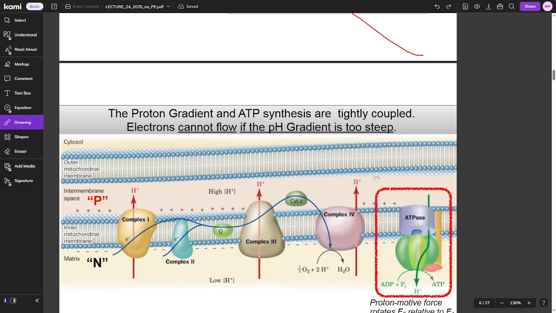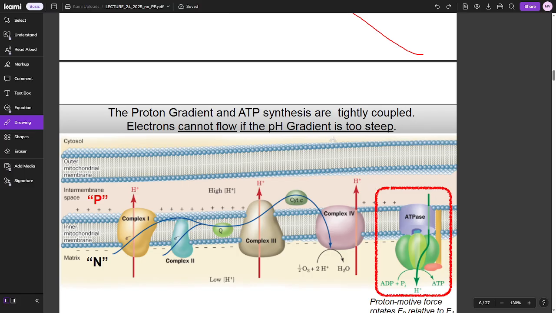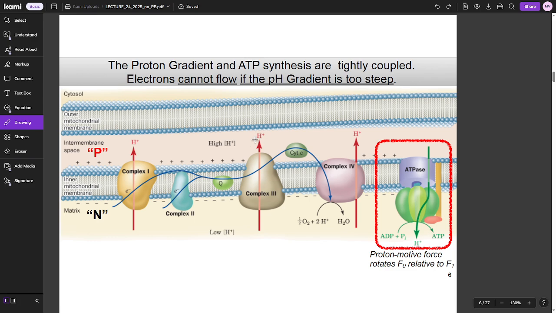So generally speaking, the proton gradient and ATP synthase are tightly coupled, and electrons just don't flow if the pH gradient is too steep. So what does that mean? That means that if there is very little H plus on this side and a ton of H plus here, then the proton pump is just not going to function.